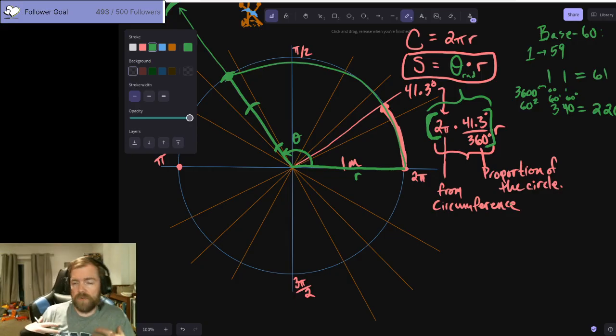The same as we use today, the powers of 10 as our number system: 10, 100, 1,000, 10,000, 100,000, a million, etc. They were just using the powers of 60, which are 1, 60, 3,600, and then 216,000, I think. Yeah, 216,000. Which works, I suppose. It worked just fine.